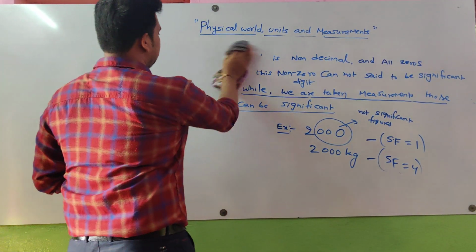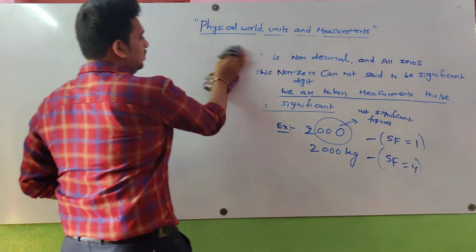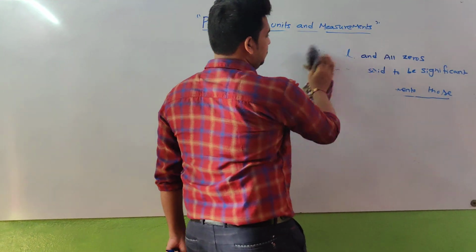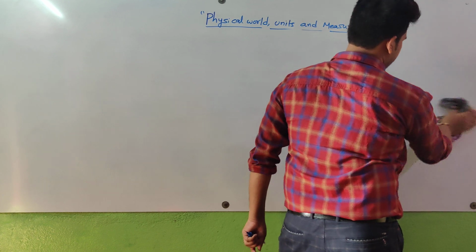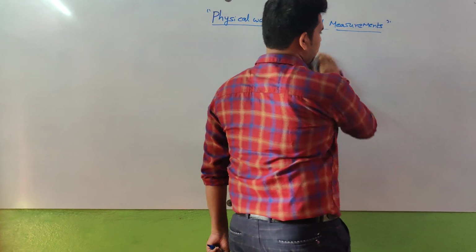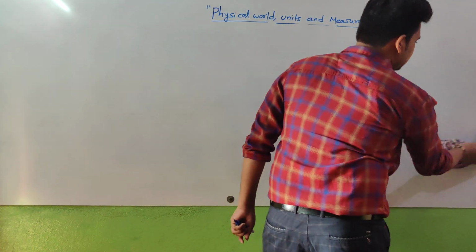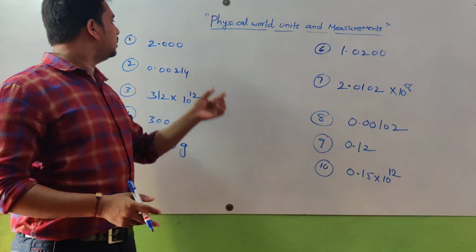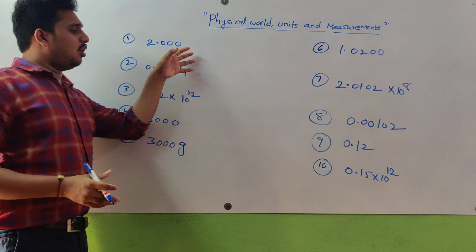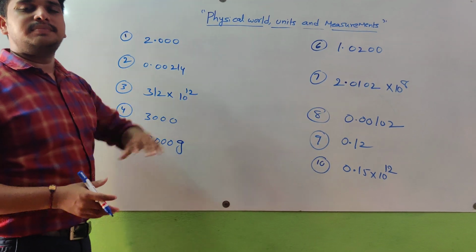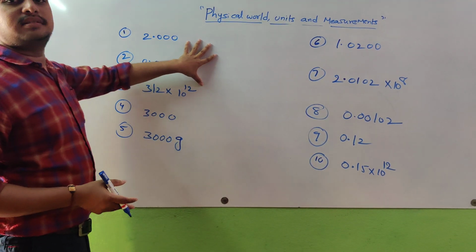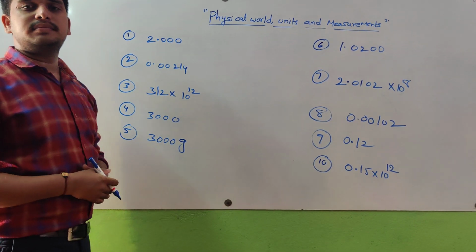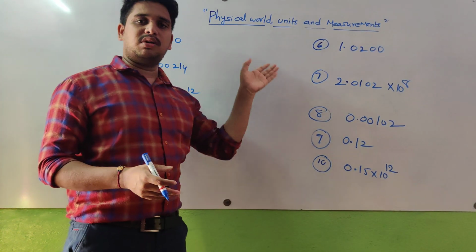Now I consider 10 examples here. How to find significant figures for these 10 numbers by using our rules.